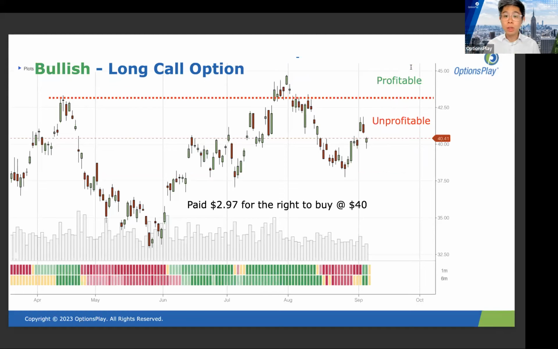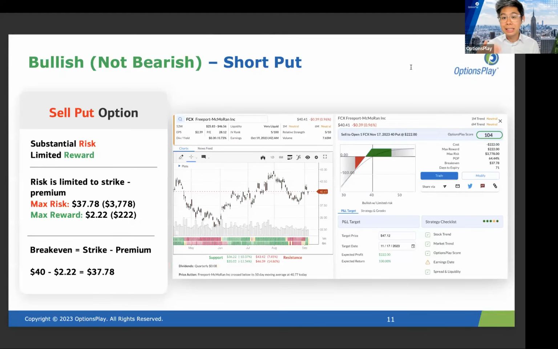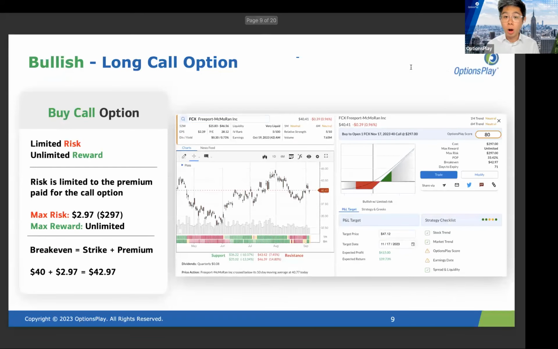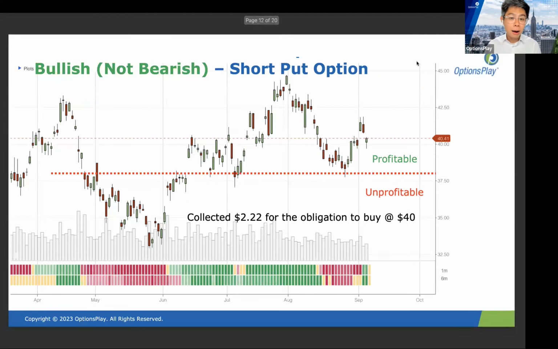And that's why when you think about these two strategies, when you're bullish, you're going to have far more opportunities, in my opinion, to sell a short put than you are going to be able to buy a long call, because that long call requires you to believe the stock is going to make a big and fast move in a short amount of time in order for that strategy to be profitable, versus if you sell a put option, if the stock goes higher, it goes sideways, it moves even a little lower, you'll be profitable.